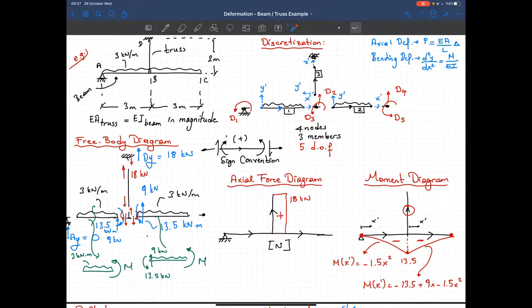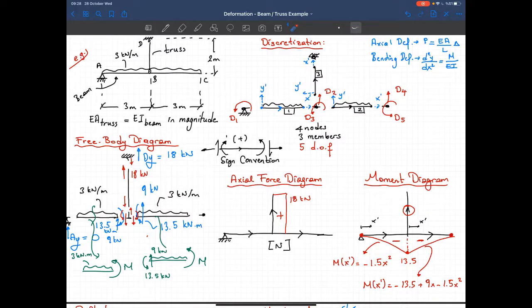So we isolate this member, calculate the degrees of freedom, D2 and D3, and we are done with it, okay? And then I come to this member, I isolate it as if I have a single member with certain boundary conditions and calculate D4 and D5. That's the main solution approach.